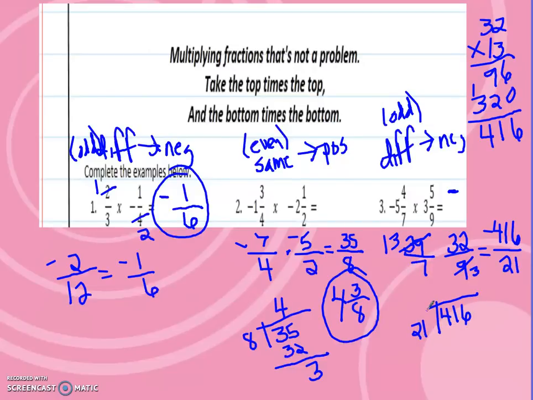All right, we're going to go in there. 2 times is going to be too much, so we're going to go in there 1 time. Okay, then we're going to go in there 9 times. 9 times 1 is 9. 9 times 2 is 18.